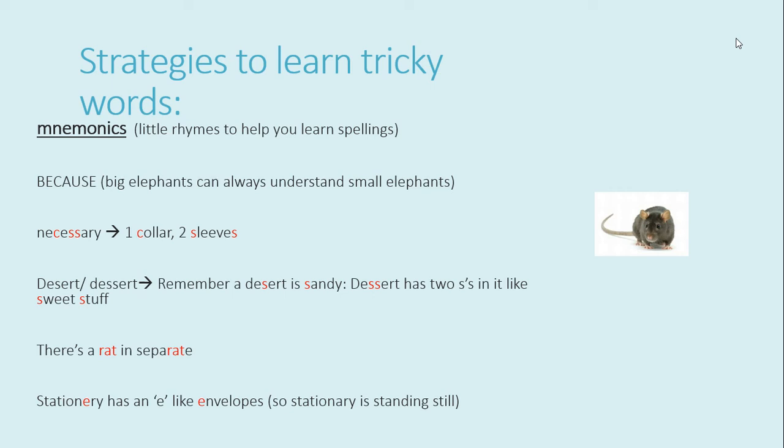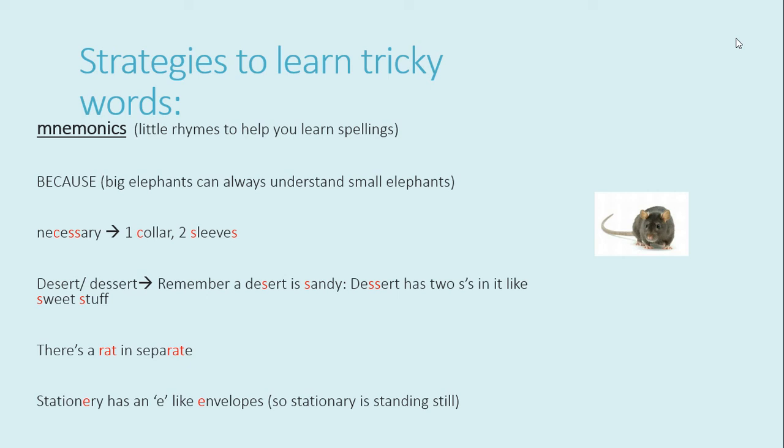For example, to spell the word "because", sometimes you might have heard the phrase, "big elephants can always understand small elephants." So the first letter of each of those words actually spells out the word "because". Another example, the word "necessary", if we're trying to remember how many C's and how many S's we need, think of a shirt.